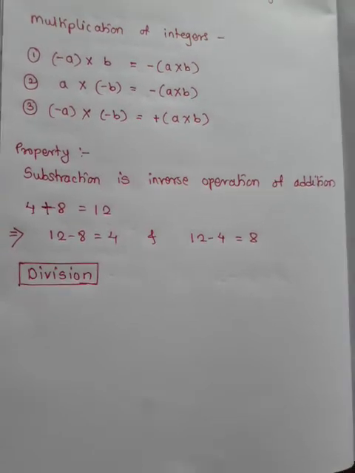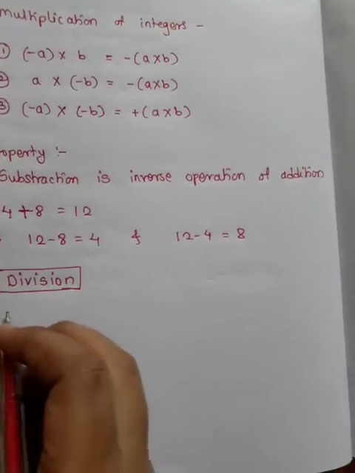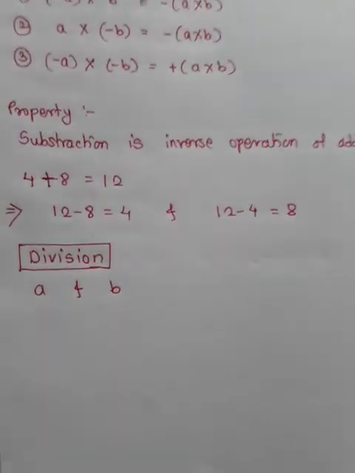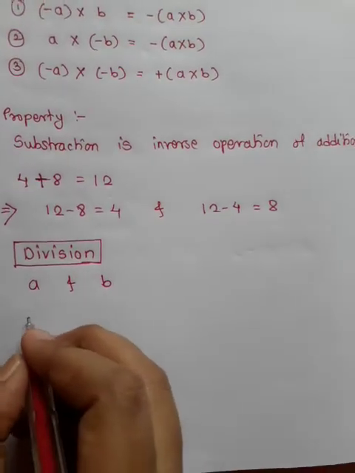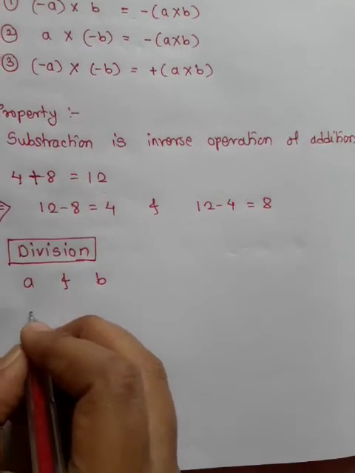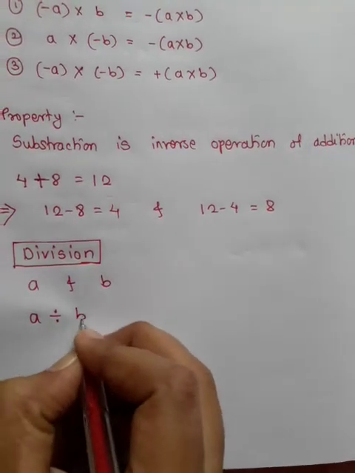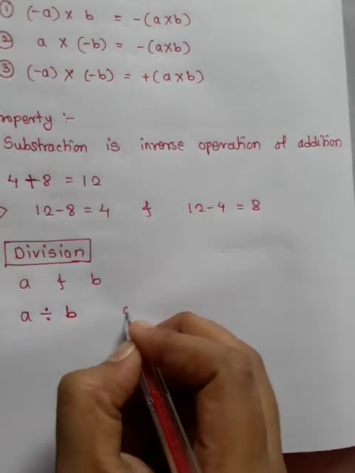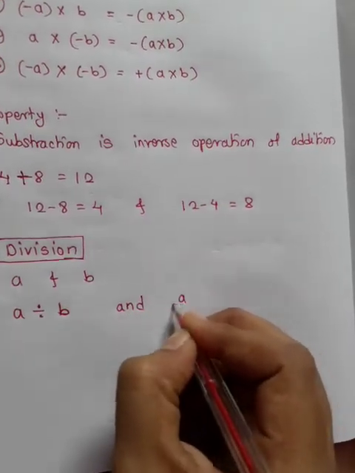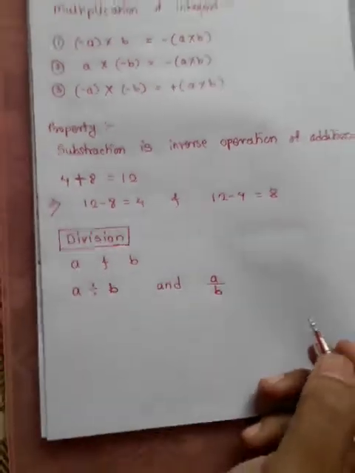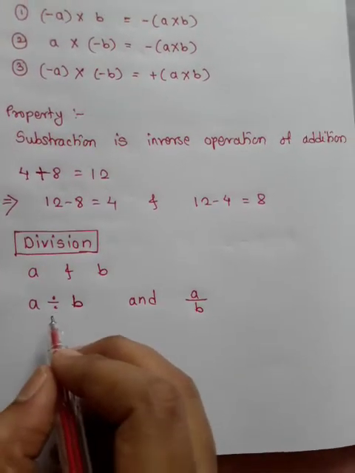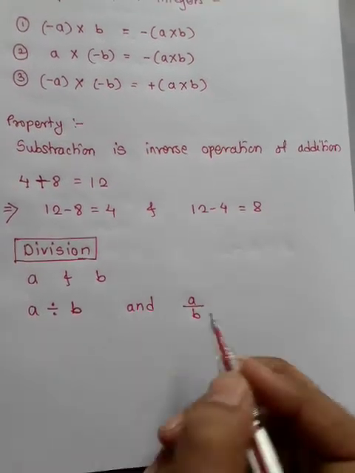Suppose a and b are any two numbers, then we can write division in this way, a divided by b, and also we can write it as a upon b. This is how we write division of two numbers.